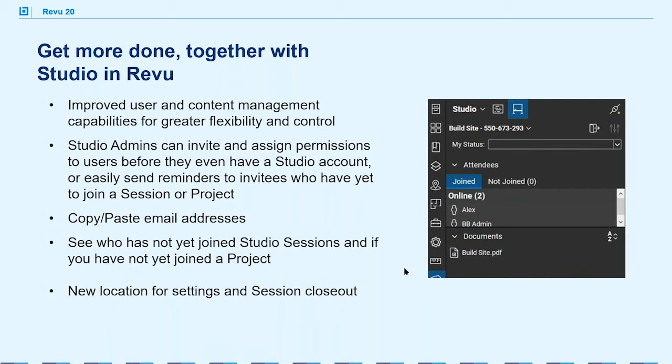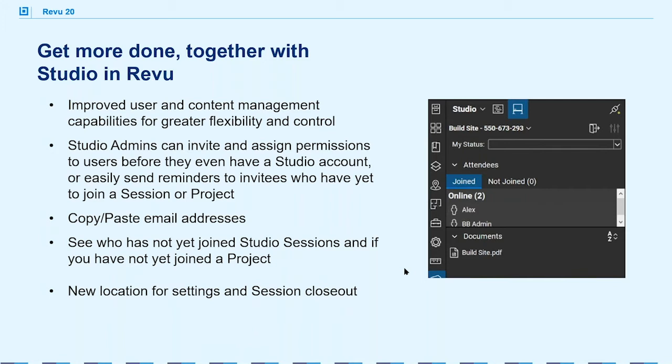Studio, obviously, if you are current users, is divided into two sections. You have sessions and you have projects. The problem in the past has been when you are trying to create a new project or a new session, inviting users. If you haven't created a group already, you have to manually type in all of the email addresses.